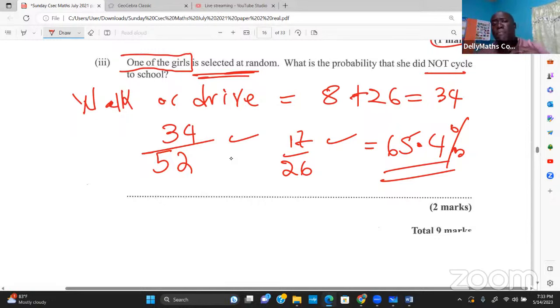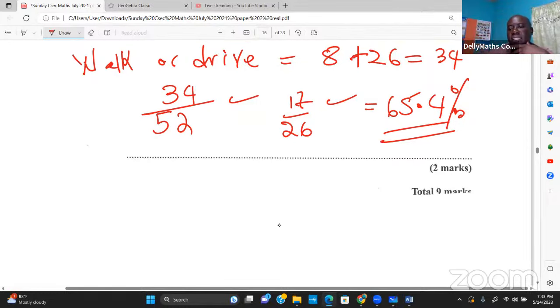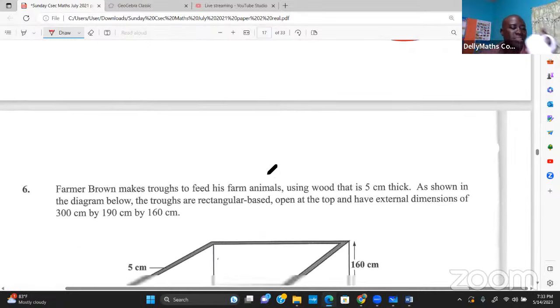However, they did not give a specific instruction here in terms of what they want me to do with the answers. Sometimes they will say as in the simplest form, as a percentage, whatever. They did not. So because they did not, I am at liberty to flex my understanding. So we can easily collect that. Everybody see another 9 marks gone? Easily collecting the 9s.